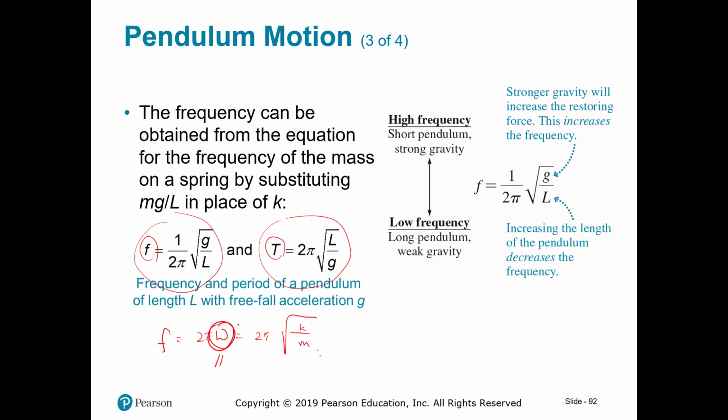And then we express omega in terms of k for the spring motion. So then now we express k in terms of g and L for the pendulum motion. So basically you have three different versions of the frequency, right?